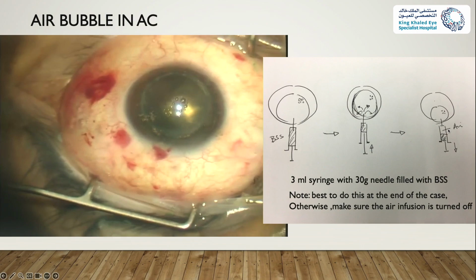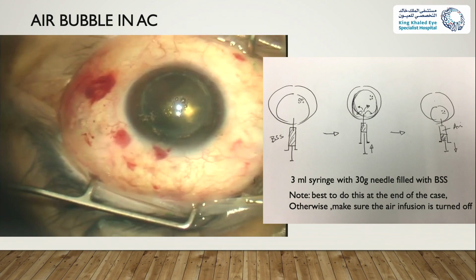So you need to take the needle out, express out the air, and leave the syringe filled with balanced salt solution, and inject into the eye again, and repeat that to get rid of the last bubble. One more time: if you do push and pull steps, then you basically push the air bubble back into the eye, which is a waste of time, because you just aspirate out the air bubble and you put it right back in. Okay, I found this technique to be quite helpful.